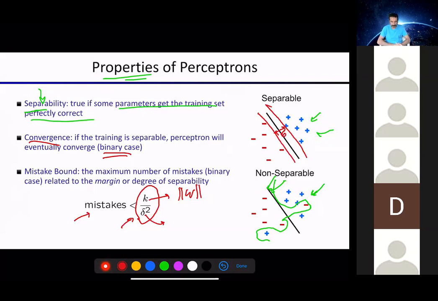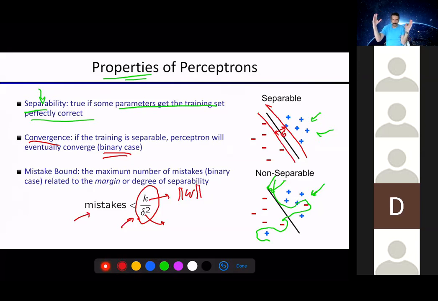Delta is basically the maximum distance between the hyperplanes that could separate these two sets. So when we push that way and when we push that way, how far away these two hyperplanes are, this distance determines how separable they are.